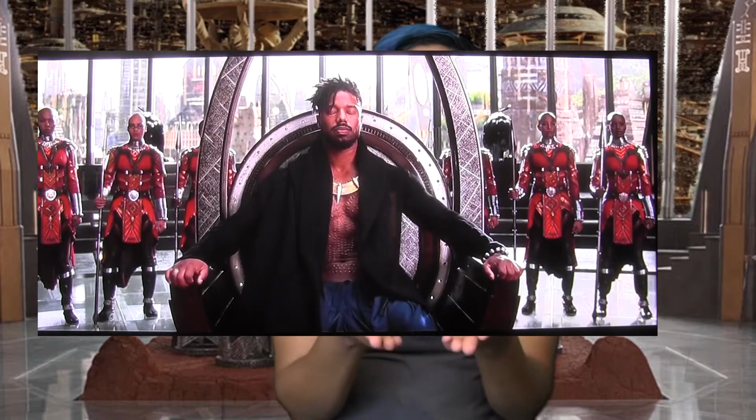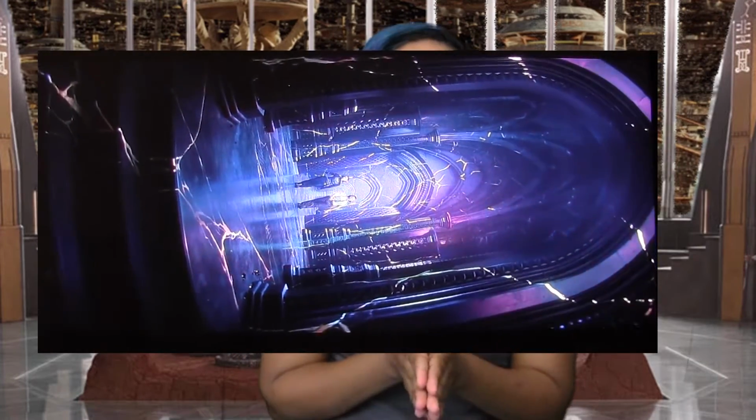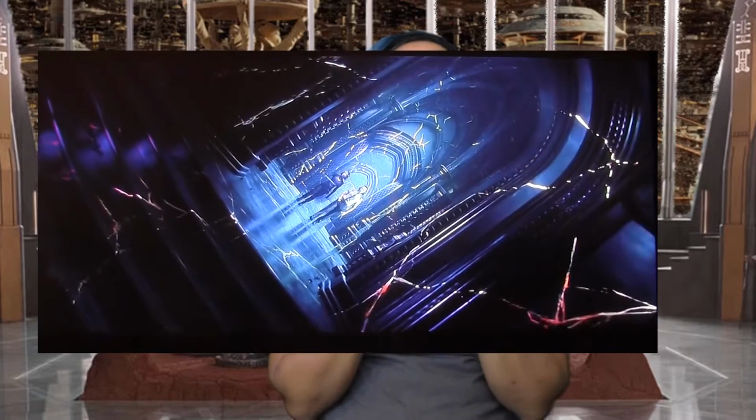And another difference is that in the Killmonger shot it pans in, and in the Loki shot it pans out. However, of course, if you want to keep that beautiful archway, that beautiful tunnel imagery, then yes, you would have to pan out because you would completely lose it if you panned in.